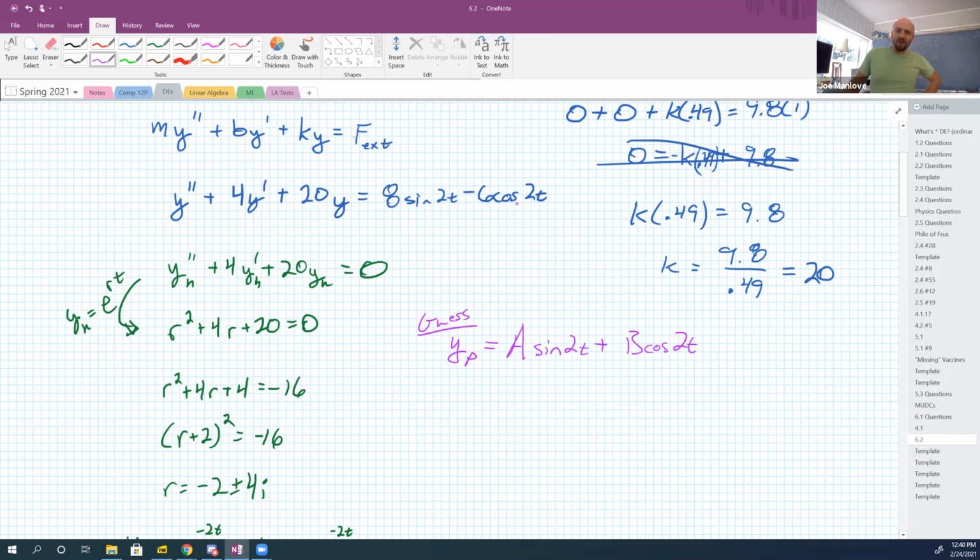What should I be worried about? I'm a little worried that maybe those overlap with the homogeneous solutions, right? That's why I solved the homogeneous one first.